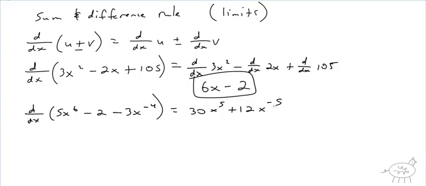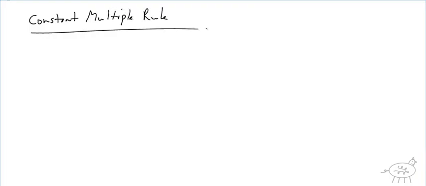All right, and then we have the constant multiple rule. And that's pretty easy. That's really straightforward too. Again, this is like limits, where you have d by dx of cx to the n.